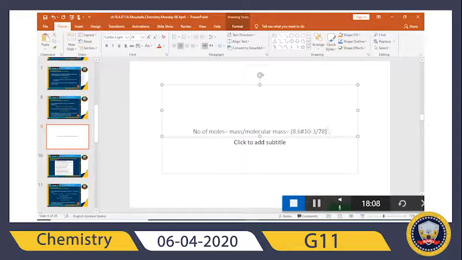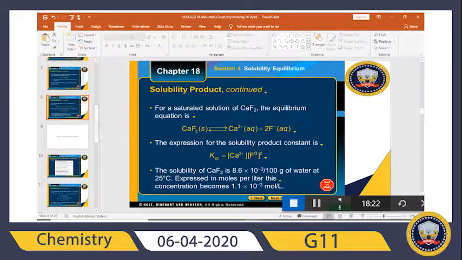You see here, this 100 grams is in the denominator, so you have to divide this 100 grams over 1000 to change the water to liters.